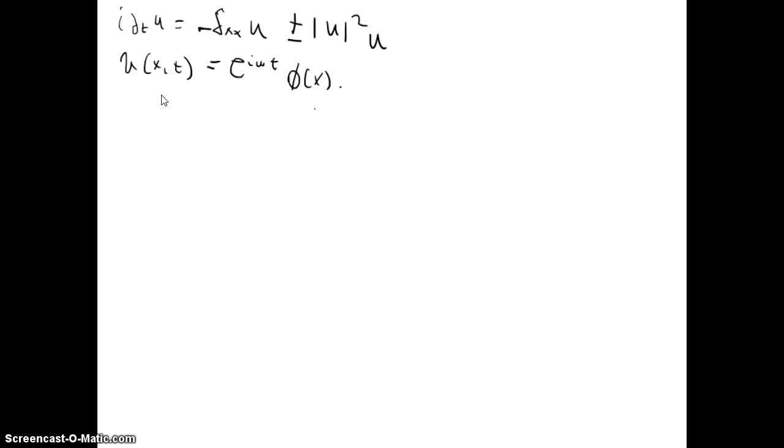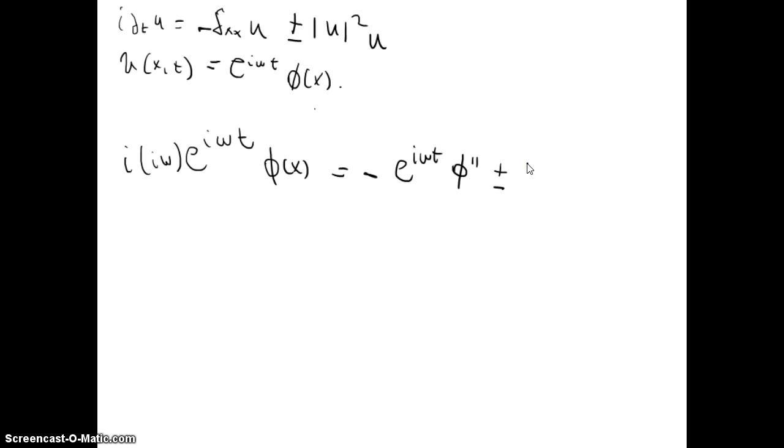So, if we put this in the equation, we will have iω e^{iωt} φ(x) equal to minus e^{iωt} φ'' plus or minus, well, here we obtain |φ|² φ e^{iωt}.